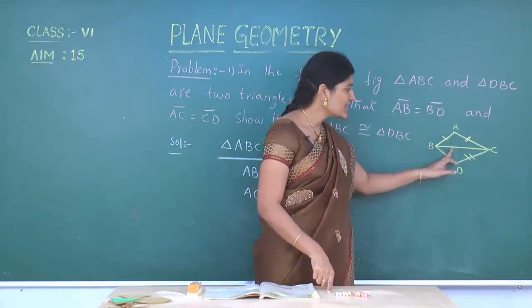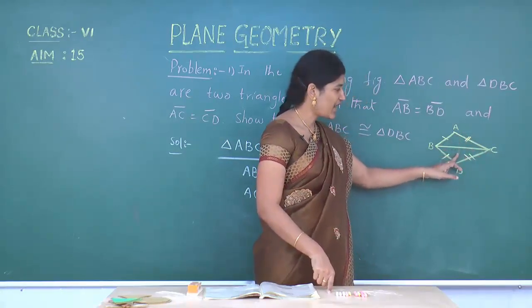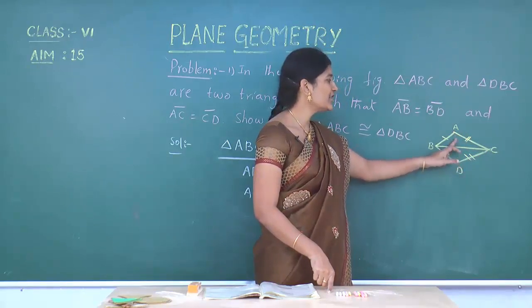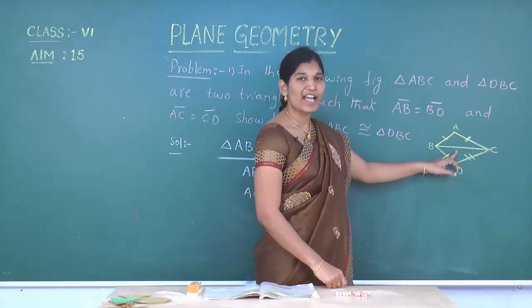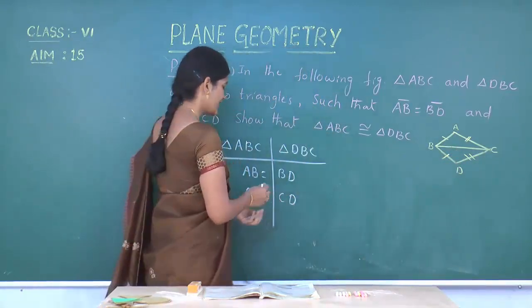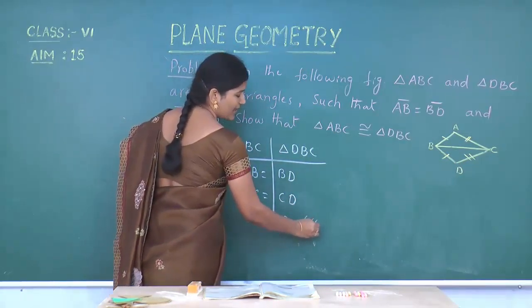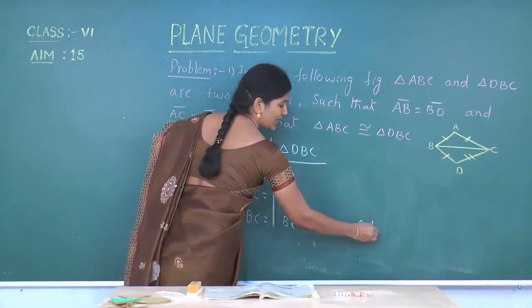Observe here, this BC belongs to ABC as well as DBC also. Here BC is the common side for both the triangles. Common side means which has equal measurement, no? Yes. So I can write BC is equal to BC, in brackets I can write which is a common side.